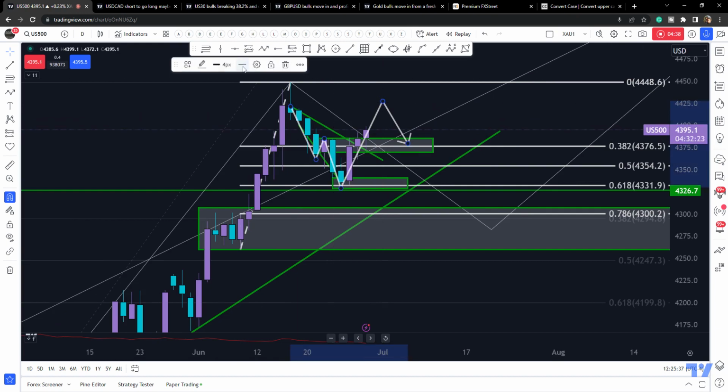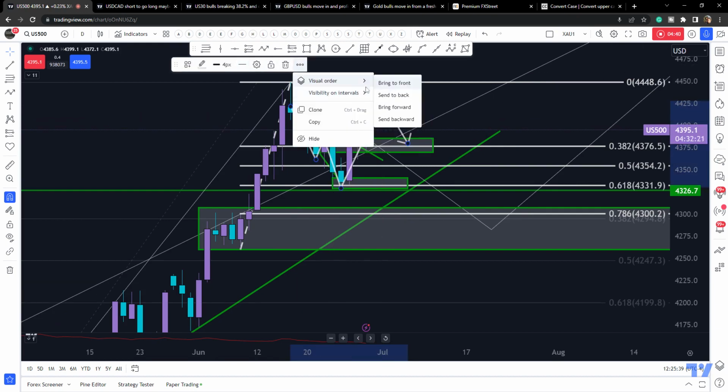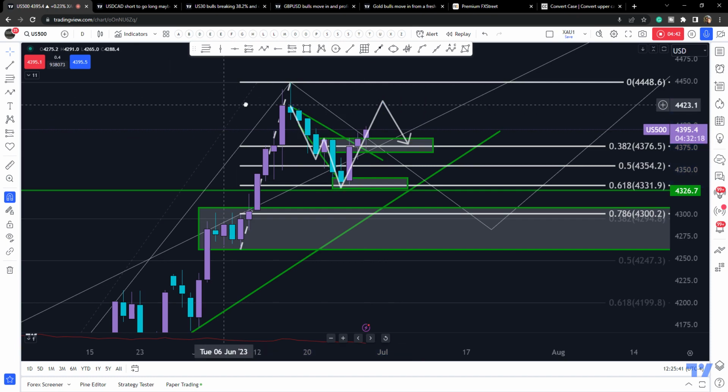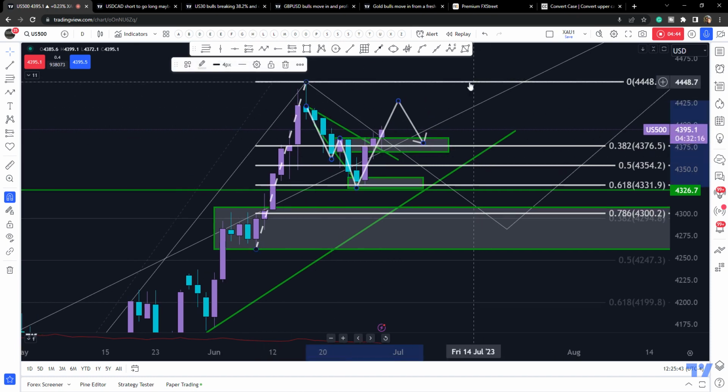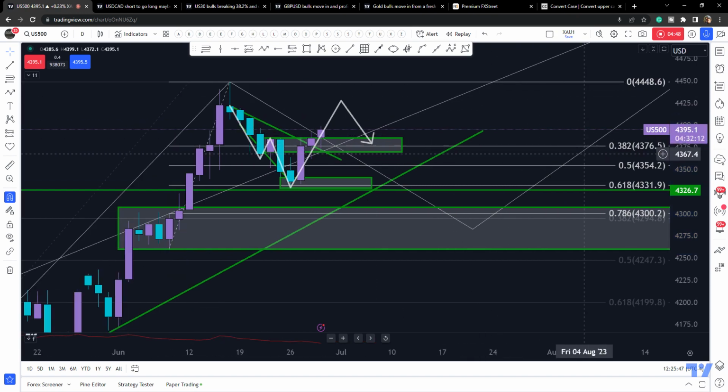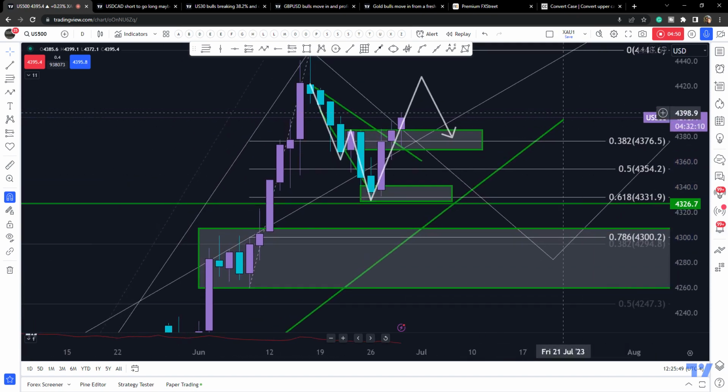So I hope these scribbles are making sense. So let's get rid of the Fib lines. Right. So you can probably see that a bit better.